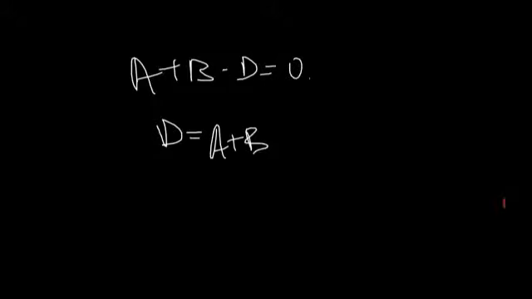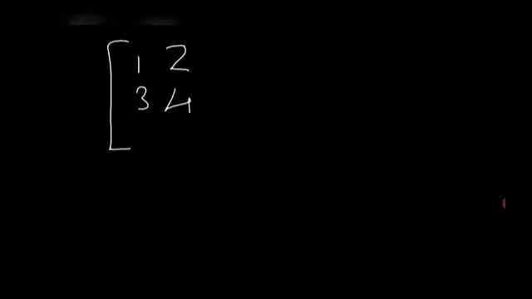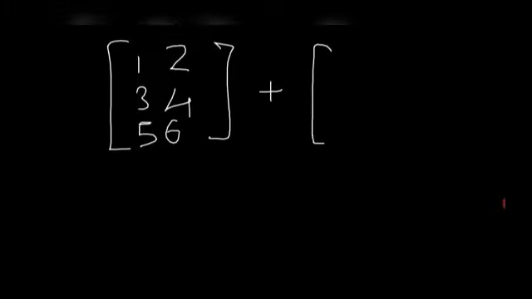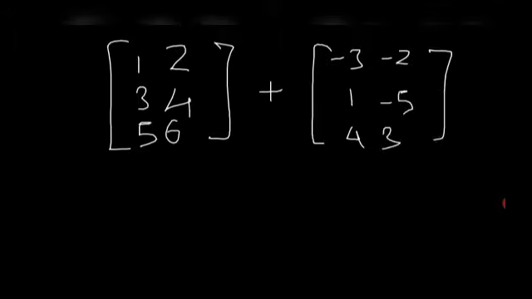So D is nothing but we have to add A plus B. So A is nothing but, I have the sum beside me, that's why I can write 3 5 6, 1 5 6, plus minus 3 minus 2 1, minus 5 4 3. One second. So now we have to solve this. I checked it, it's correct.